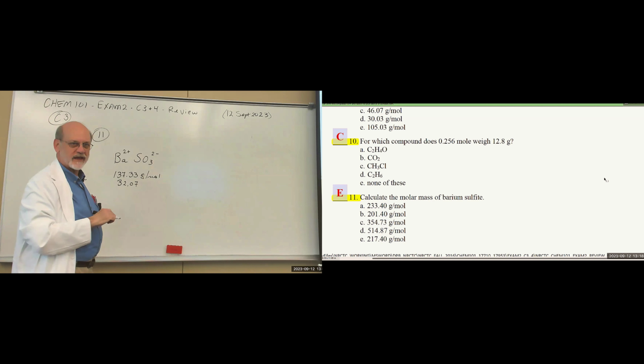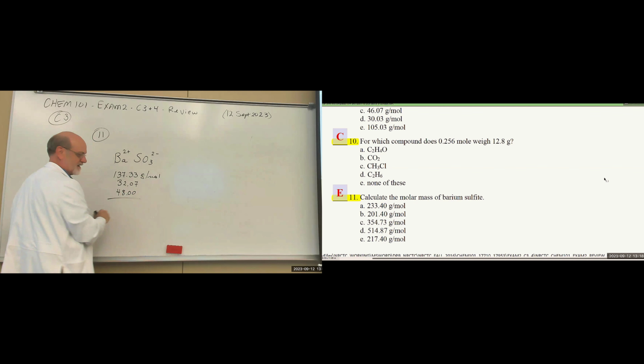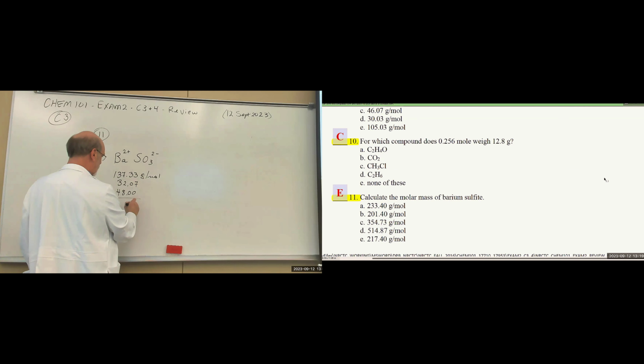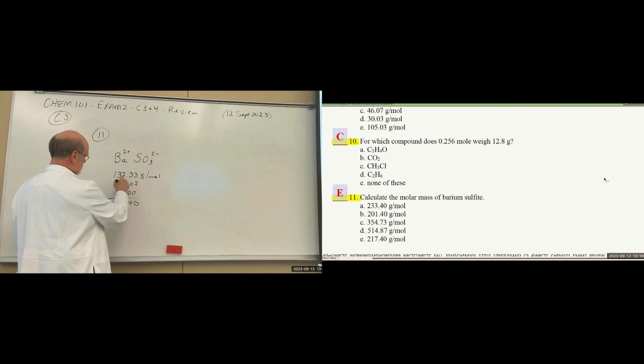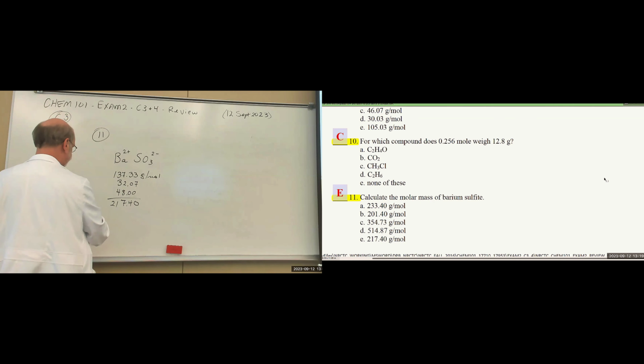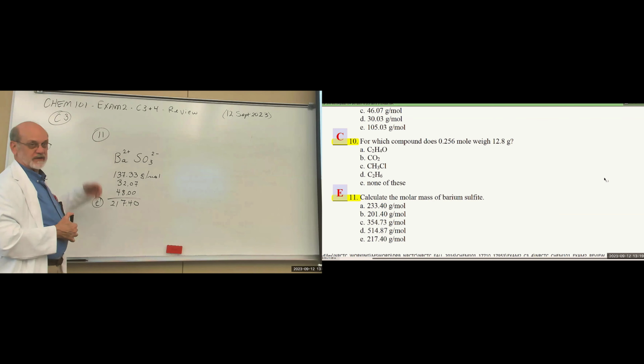That's 48. Add those up and you get 217.40. Is that one up there? Yeah, E. Grams per mole for that formula unit.